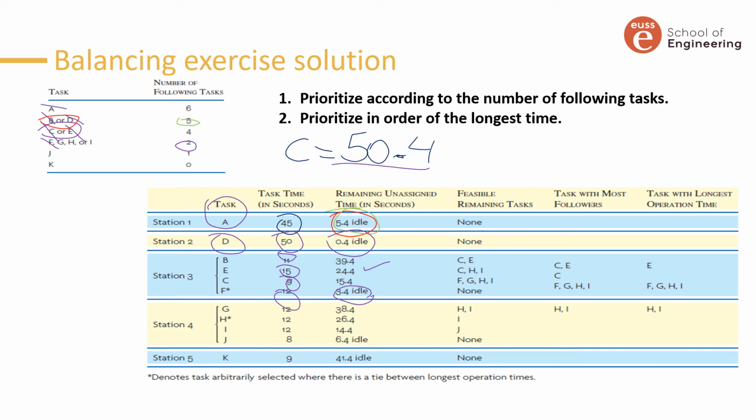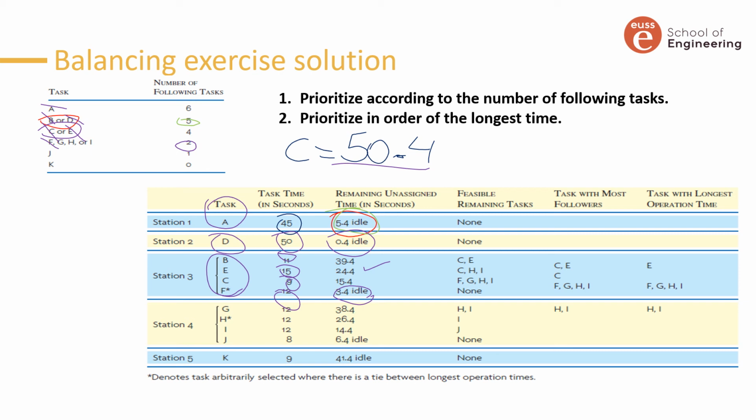G, H, I. Is it possible to assign one of them or all of them or two of them? No, because their task time is 12 seconds and I have only 3.4 remaining. So we can close station 3 with these four tasks, B, E, C, F.